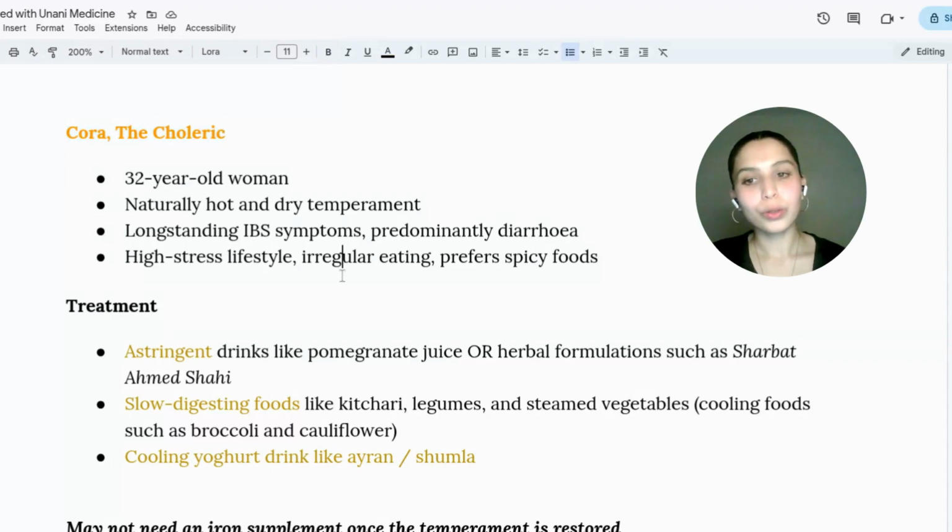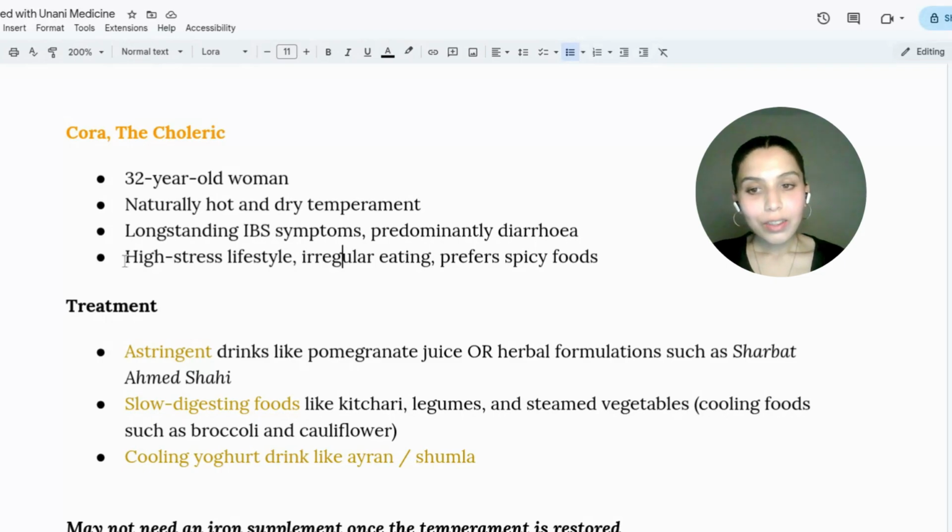Cora also has a long-standing illness with IBS, predominantly the diarrhea type, where she has profuse diarrhea multiple times a day. Her lifestyle is a major factor in her IBS because it's full of high stress, irregular eating habits, and lots of spicy food.